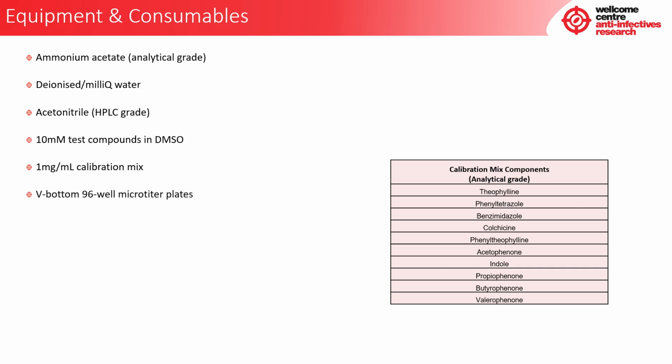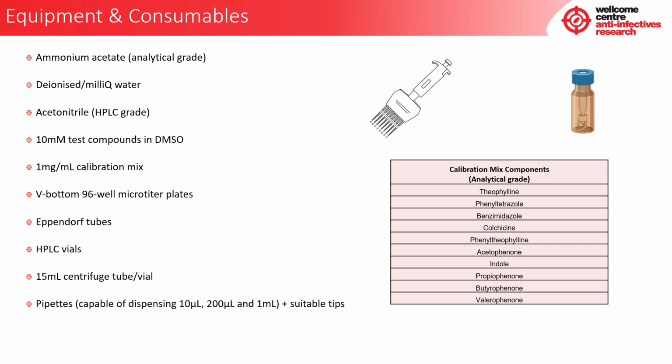You will also need V bottom 96 well microtiter plates, Eppendorf tubes, HPLC vials, 15 ml centrifuge tubes or vials, pipettes capable of dispensing 10 and 200 microliters and 1 ml, plus suitable tips, and a high or ultra performance liquid chromatography system, HPLC or UPLC.